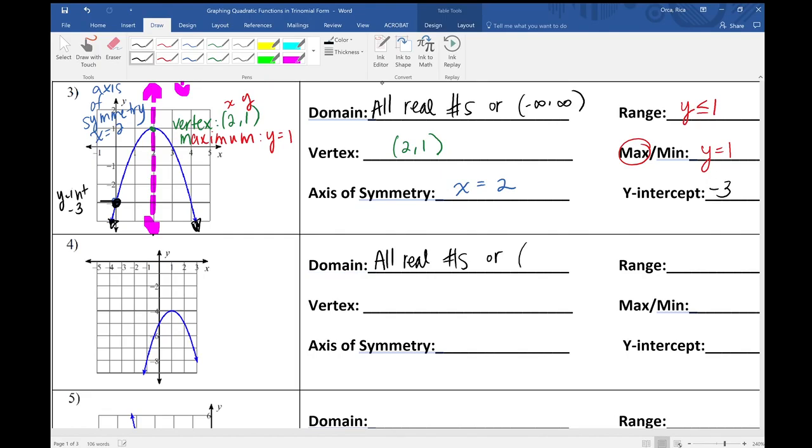Or -infinity to infinity. The vertex for problem number 4 is at (1, -4). And because our parabola opens down, this tells us that we have a maximum, and our maximum y value is at -4.